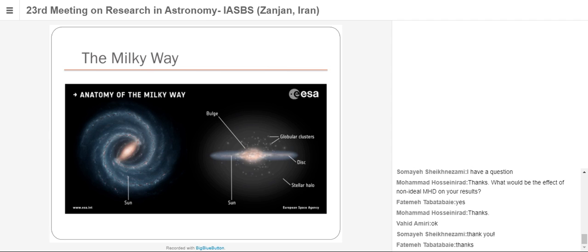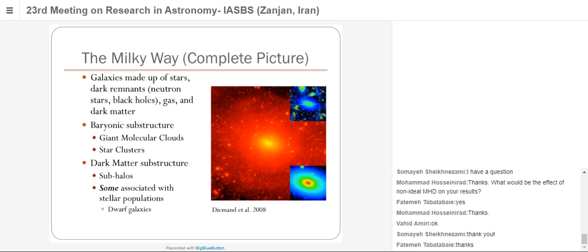And you can even dig deeper than that, because there is gas, which I haven't really talked about, and baryonic substructure, so things like giant molecular clouds, other star clusters, spiral arms, a bar. And there's also potentially dark matter substructure, whether you're talking about large satellites going around the Milky Way or some population of lower mass subhalos going around the galaxy.